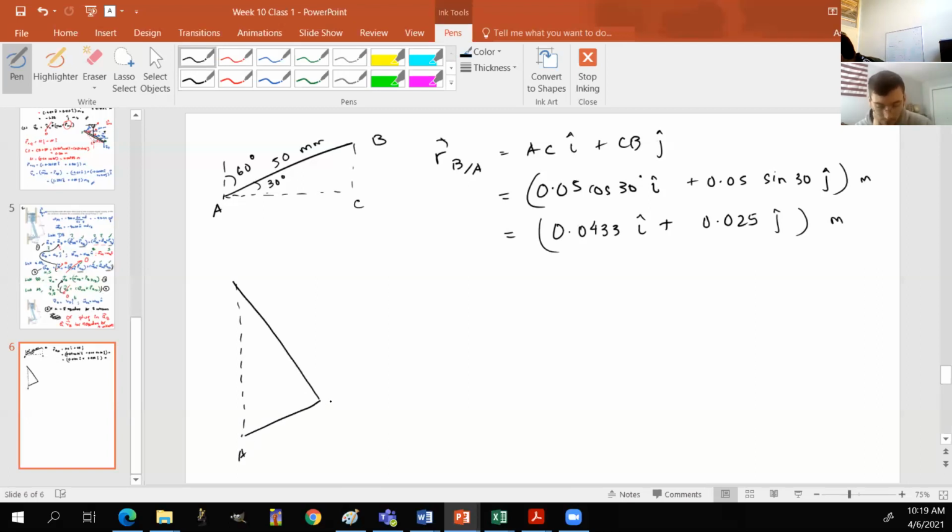So you've got A, B, and D. And you're told that this angle is equal to 60 degrees. This length is 0.05 meters. And DB is 150 millimeters given in the problem, so that's 0.15, right? So in order to find R of D relative to B, I really need to find this angle. Let's call that beta.